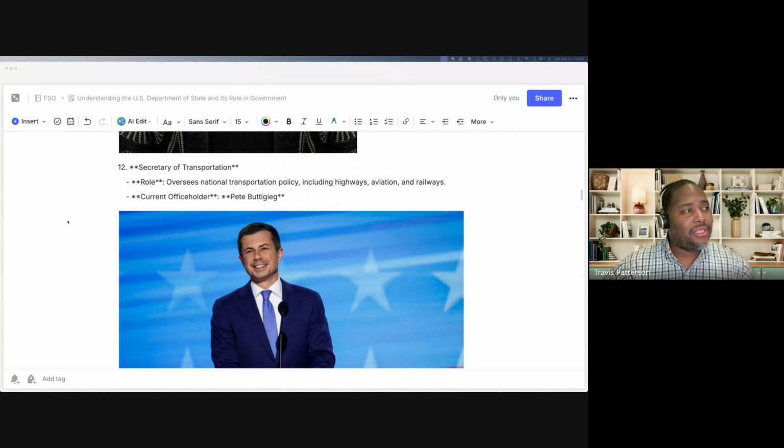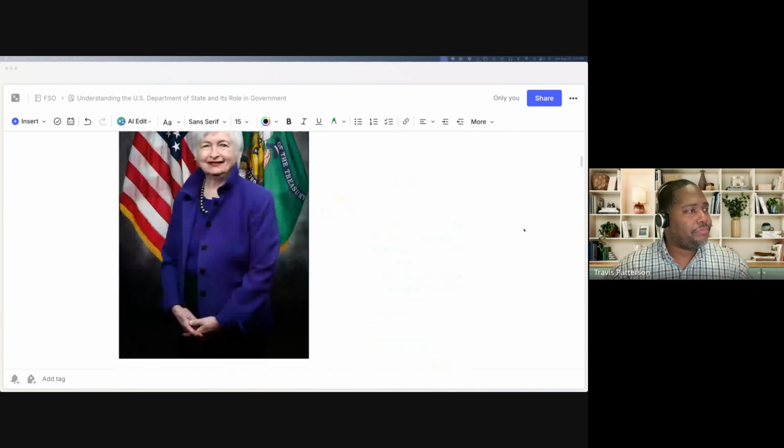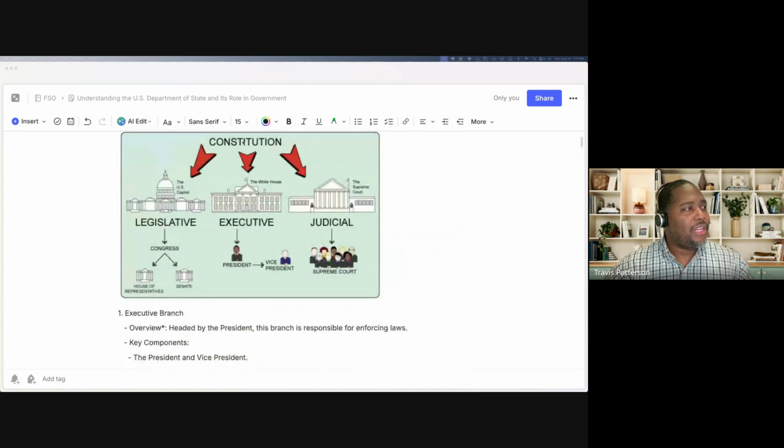Isn't it interesting that, and I love, hold on, let's take a moment. Heading back up to make this really make sense. You have the Constitution, and as the government itself started developing, it developed into the U.S. Capitol, which is the legislative branch, the executive branch, which is the White House, and the Supreme Court, the judicial branch.